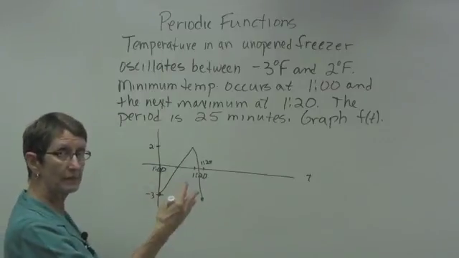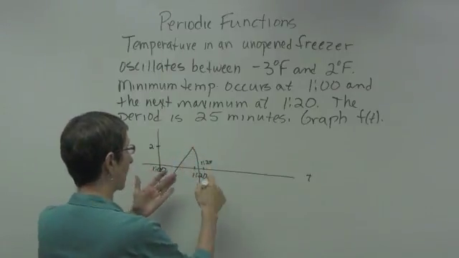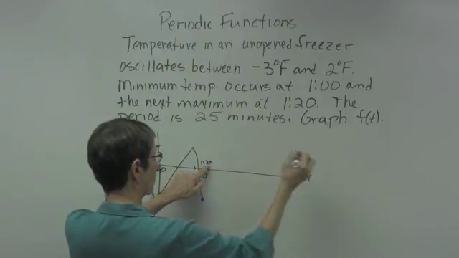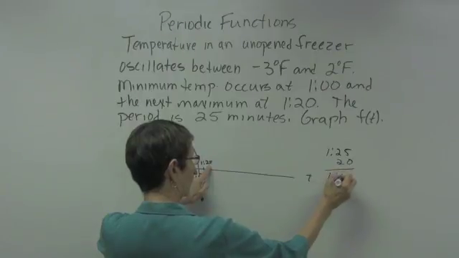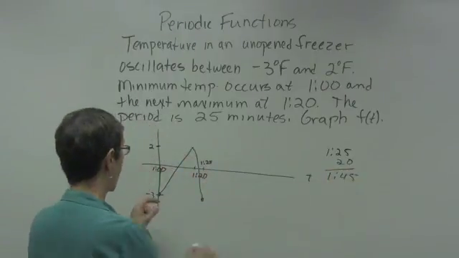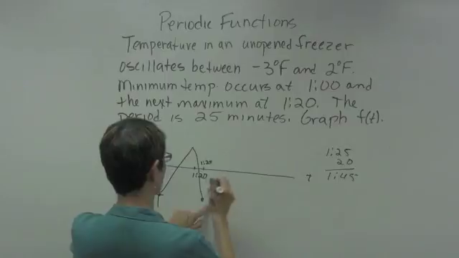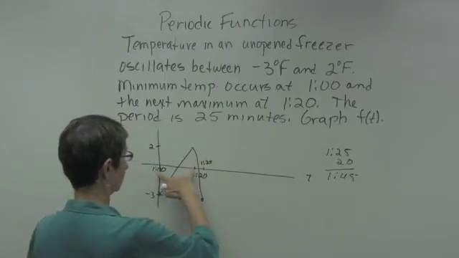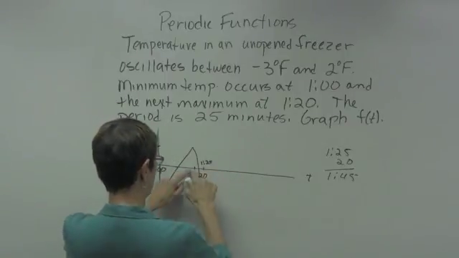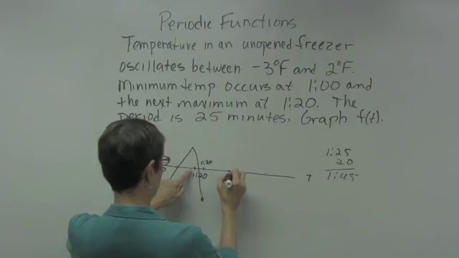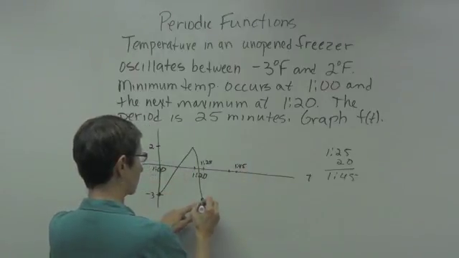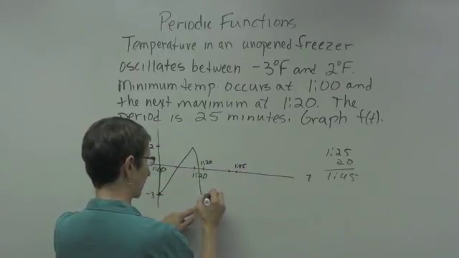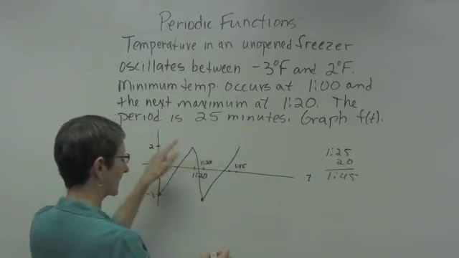So we have another 20 minutes. So let's count here. 20 minutes after 1:25 would be 1:45. So after I hit here, if I'm doing units of 20, here to here would be 1:40, and this would be 1:45. So after 20 minutes, it goes back up to 1:45, to the maximum.